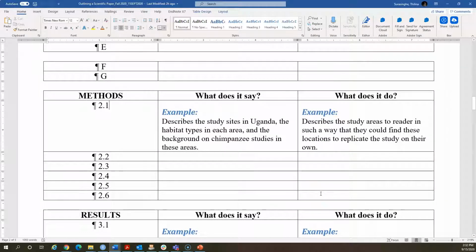So again, think about the biggest purpose of methods overall: to make sure the procedures are transparent, to be very clear about your procedures, to explain what kind of statistical analysis has been used, to explain what kind of procedures and protocols have been used for data collection, right?